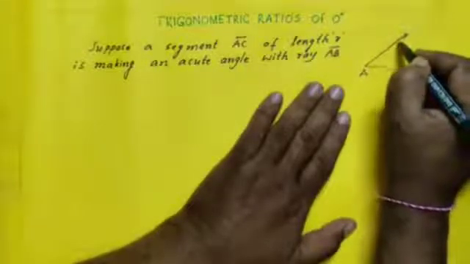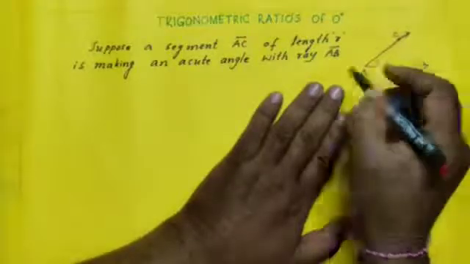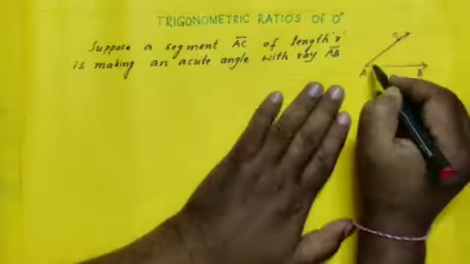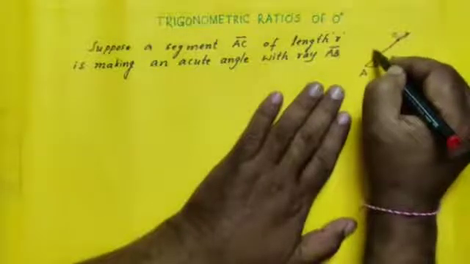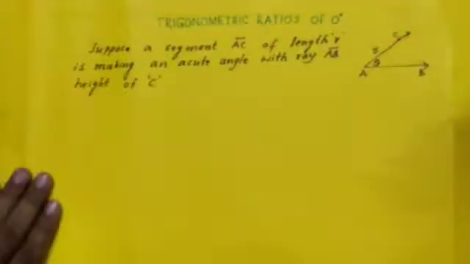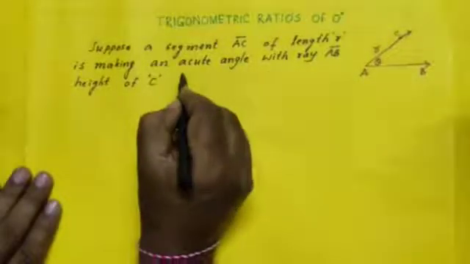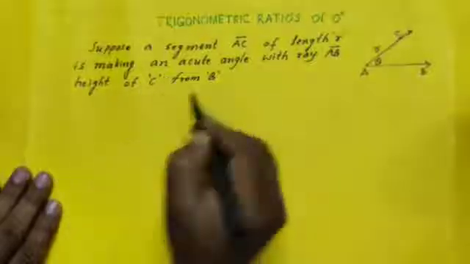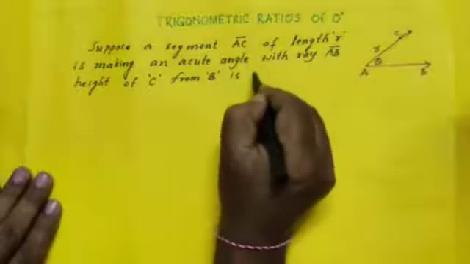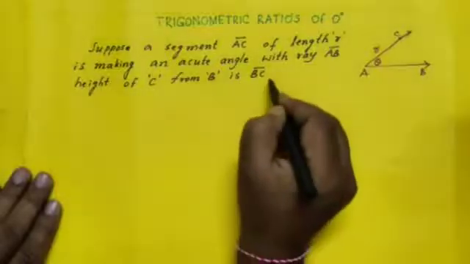This AC is making an acute angle here, and the length of AC I am taking as R. Is it clear? The height of C from B is BC.